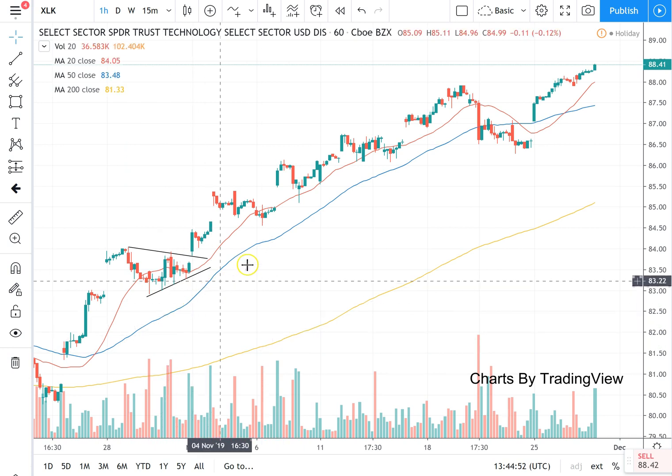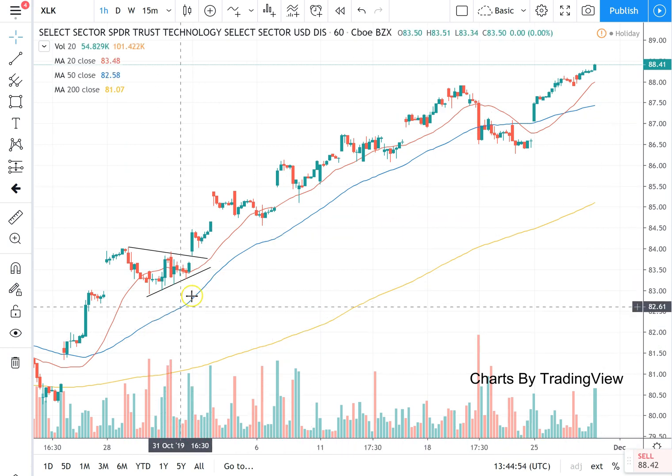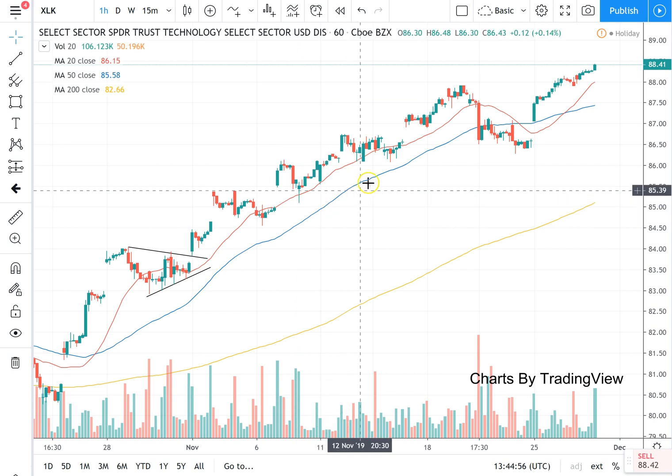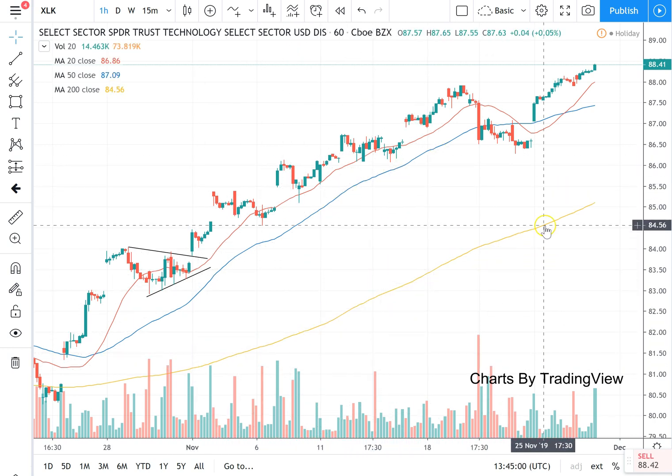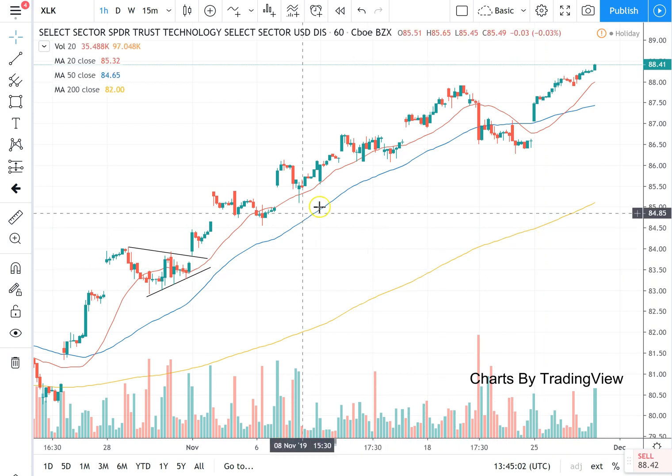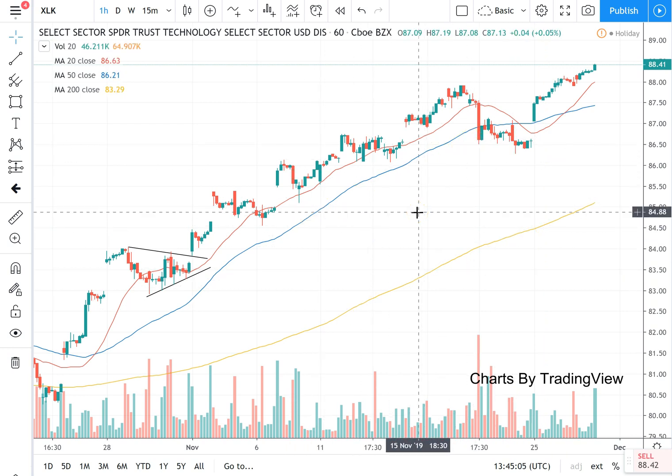Look at how the XLK is doing. It is above the rising 60-minute 50 MA most of the time, and above the rising 60-minute 200 MA most of the time. It's sloping upwards. So what it tells us is have a bullish bias. Continuation patterns, breakouts, and dips are usually buyable.